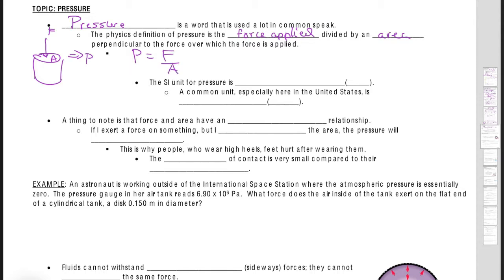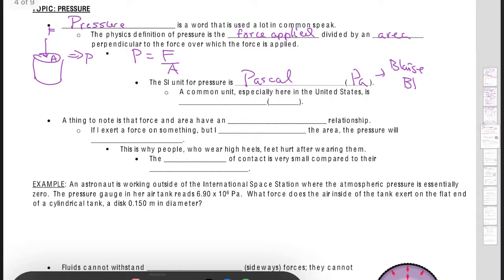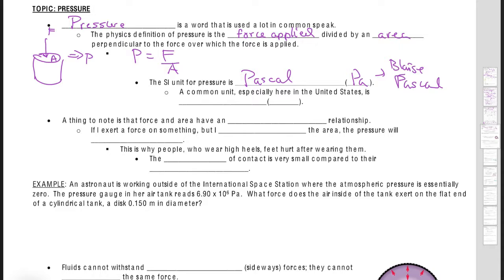And the SI unit for pressure is the Pascal, Pa. Now that's named after a scientist named Blaise Pascal. If you've ever seen this combination of tubes, it would look something like this, and then you would have a bulb.